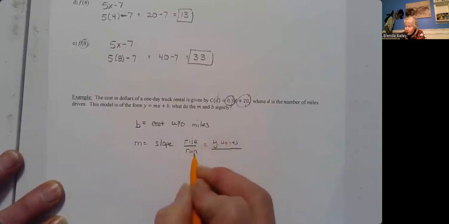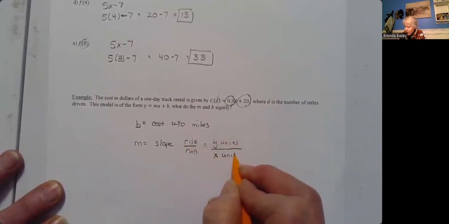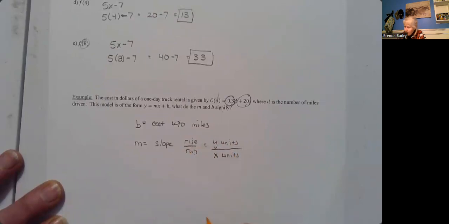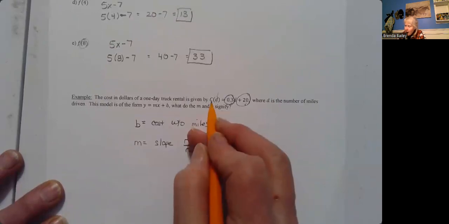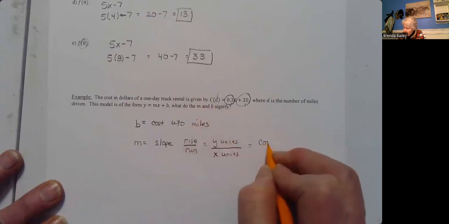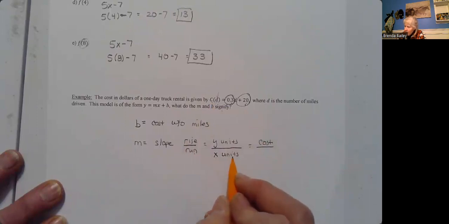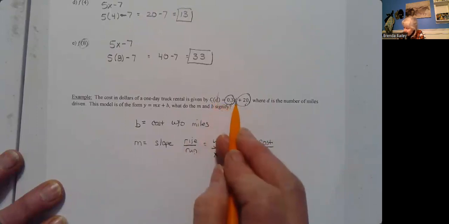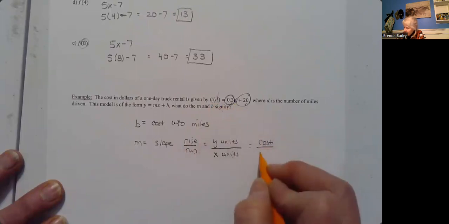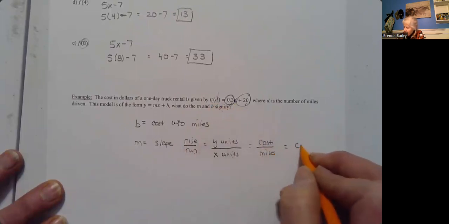The run is found using the X, so that it has X units on it. Those are the units that you use. The Y is the cost. So this is the money. So this is the cost per the X units. That's our D here, is the miles. So it's the cost per mile.